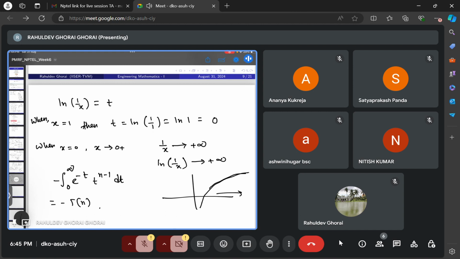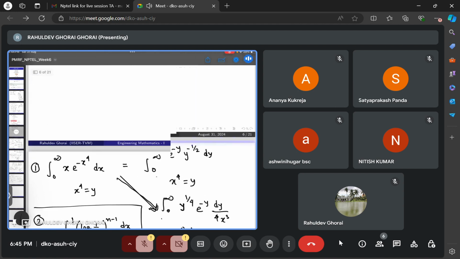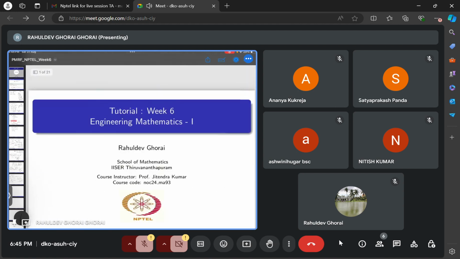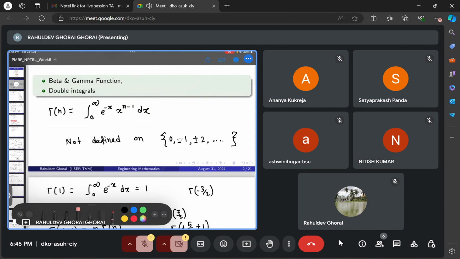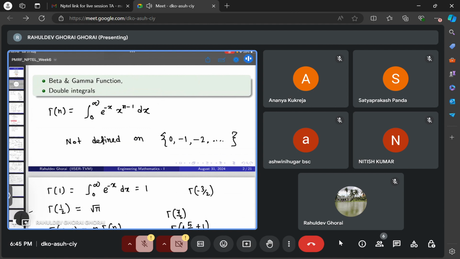Negative fractions and positive fractions, everything is defined, but not at 0, minus 1, minus 2. I made a mistake here, so I'll verify. It is not defined at 0, minus 1, minus 2, and it keeps on going.